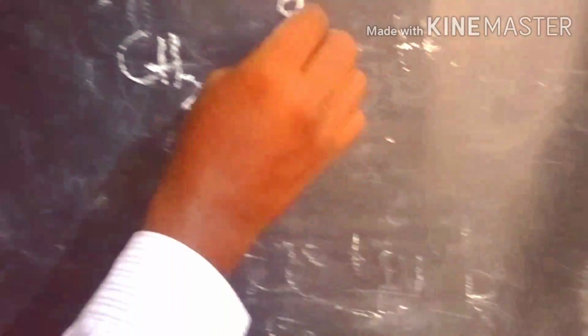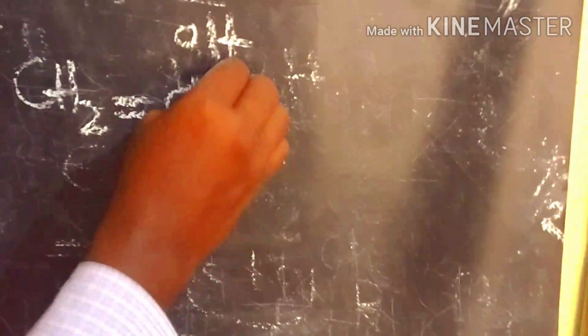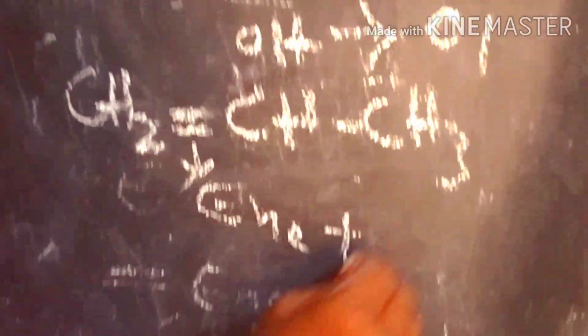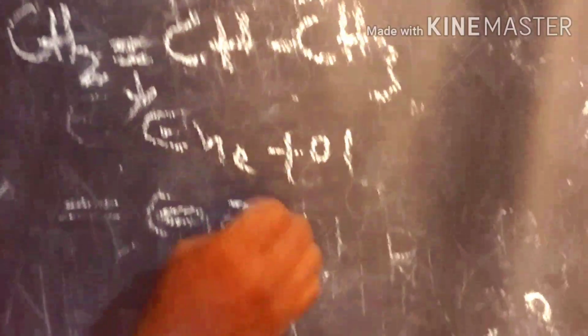This is the enolic form. So you know about the enolic form. Here we have alkene, ene, and alcohol ending with ol, so we combine them to form an enol. The ketone is converted into enol because of the acidic nature of these alpha hydrogens.